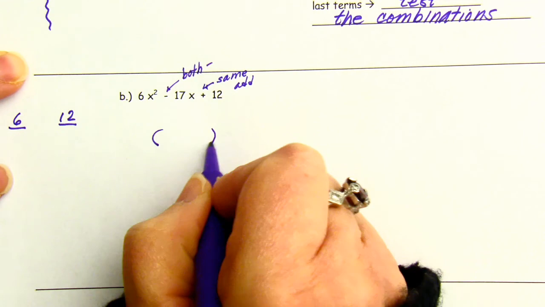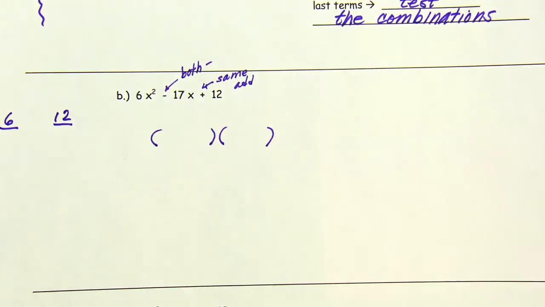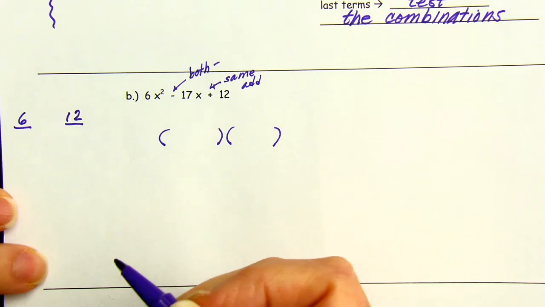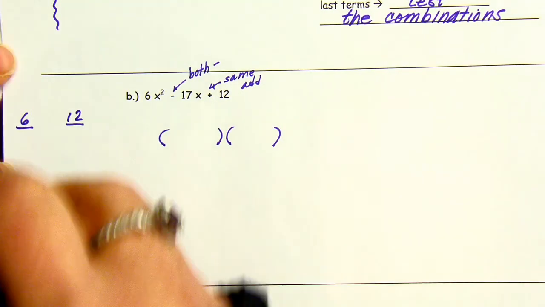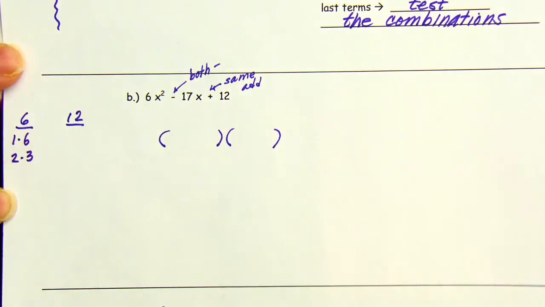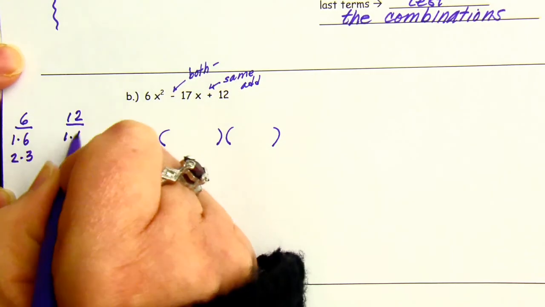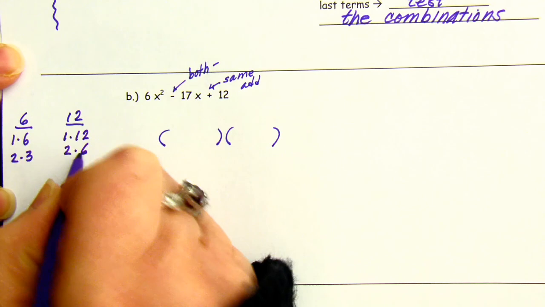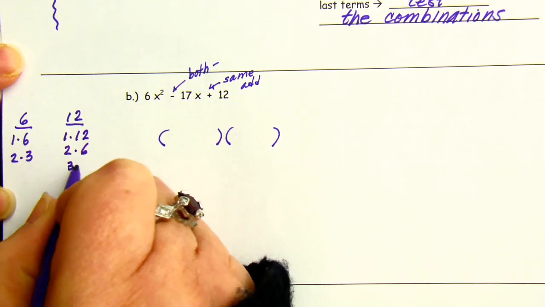They're both going to be minus. But I'll look at that again later. I just want to figure out what the factors of 6 are, and what the factors of 12 are. Well, 6 is either 1 times 6 or 2 times 3, and that's about it. 12 we already saw was 1 times 12, 2 times 6, or 3 times 4.